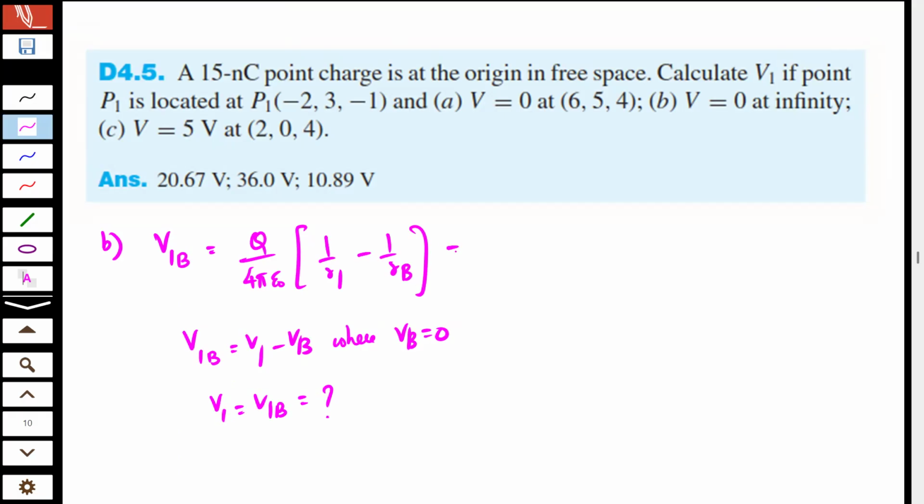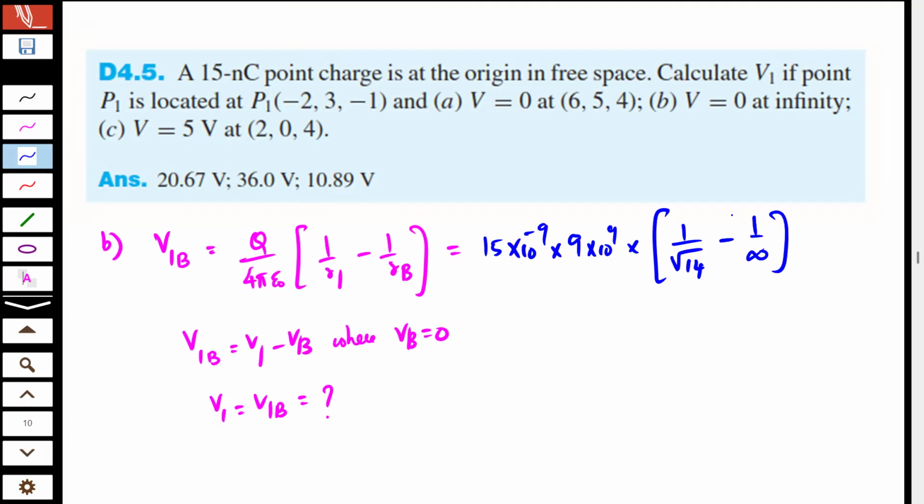So whatever we are finding, we should be writing it over there directly. Q is 15 nano and 1 by 4 pi epsilon naught is 9 into 10 power 9. Then R1, we have already found, is root 14. And RB is infinity, so 1 by infinity will be 0. So you will be getting V1B by computing this.